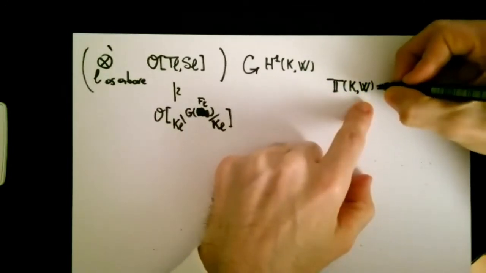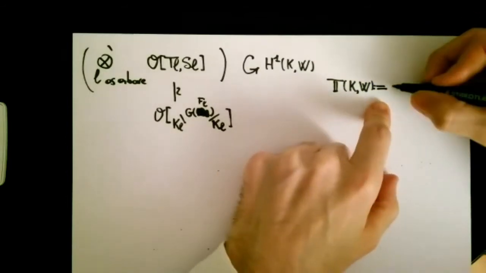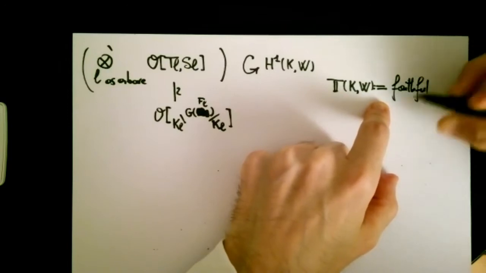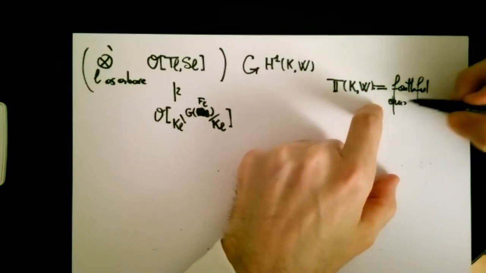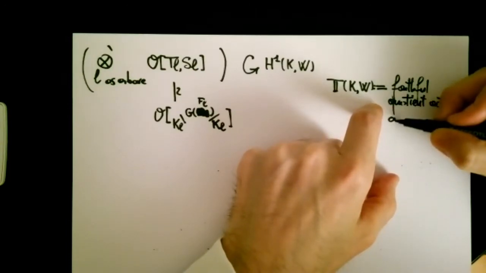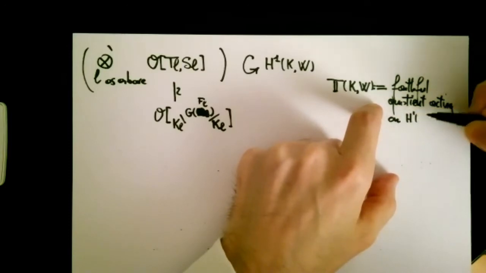So this is by definition the faithful quotient acting on my cohomology H^1 of K, W.